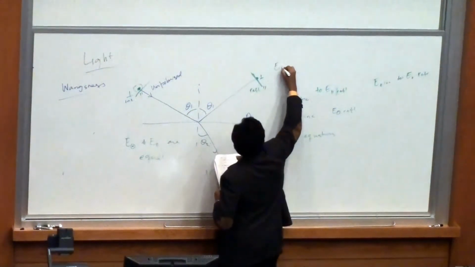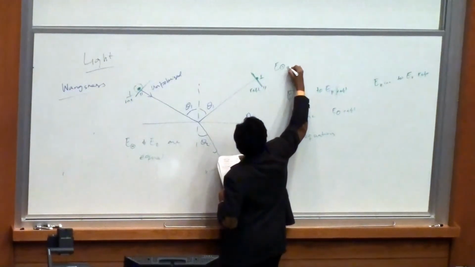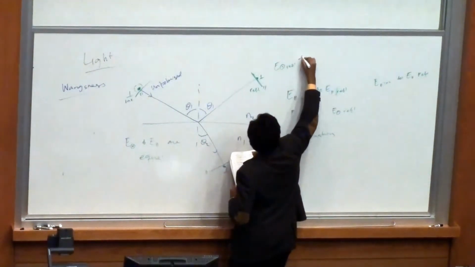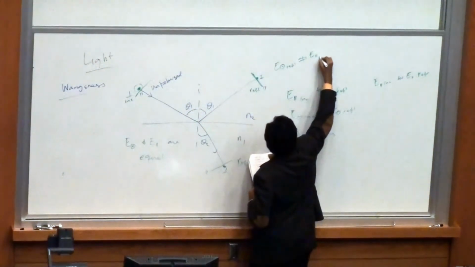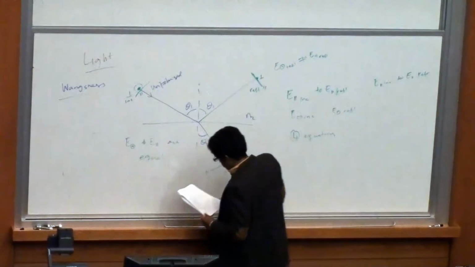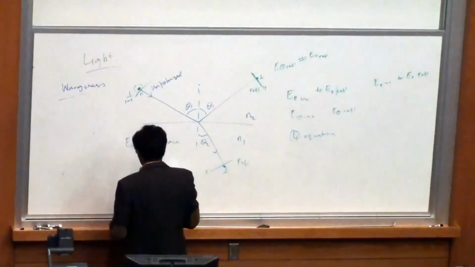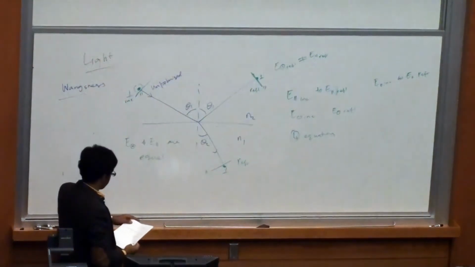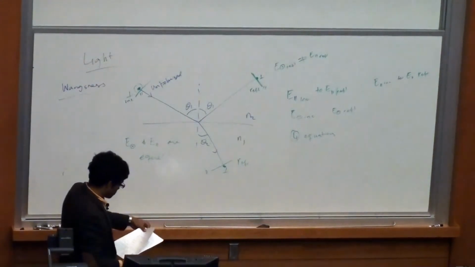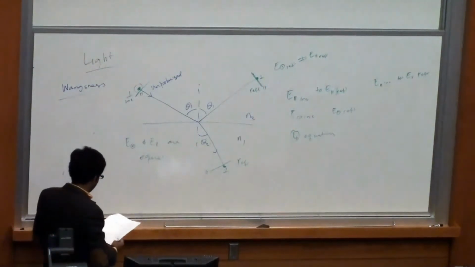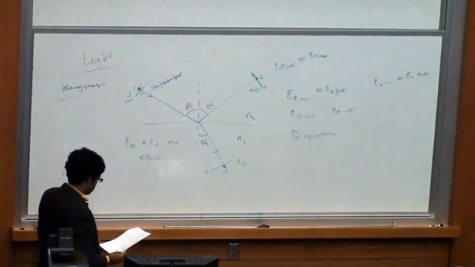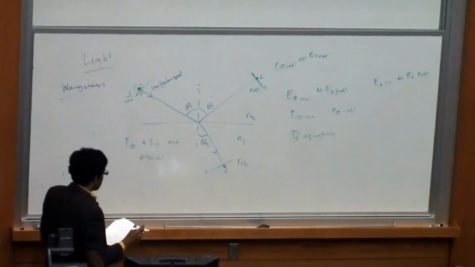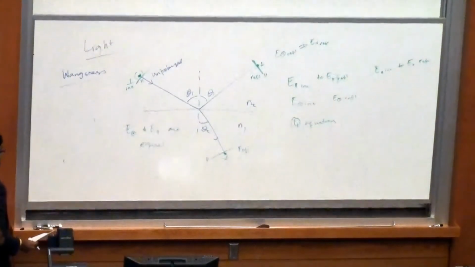E for the reflected is no longer equal, at least intensity wise, to this. Originally these are equal, but now they're no longer equal. This implies that the reflected and refracted light has become polarized now, because the intensities are not the same, the directions are not the same. So let's look at one of the equations that this provides.